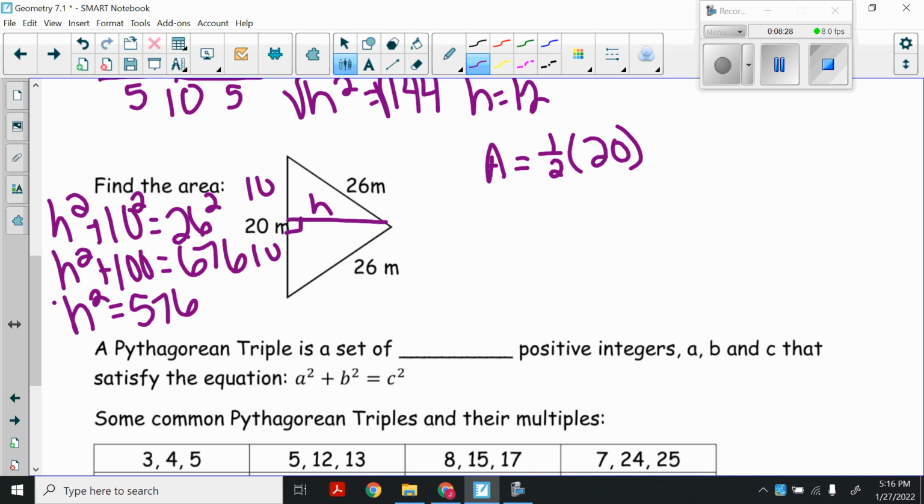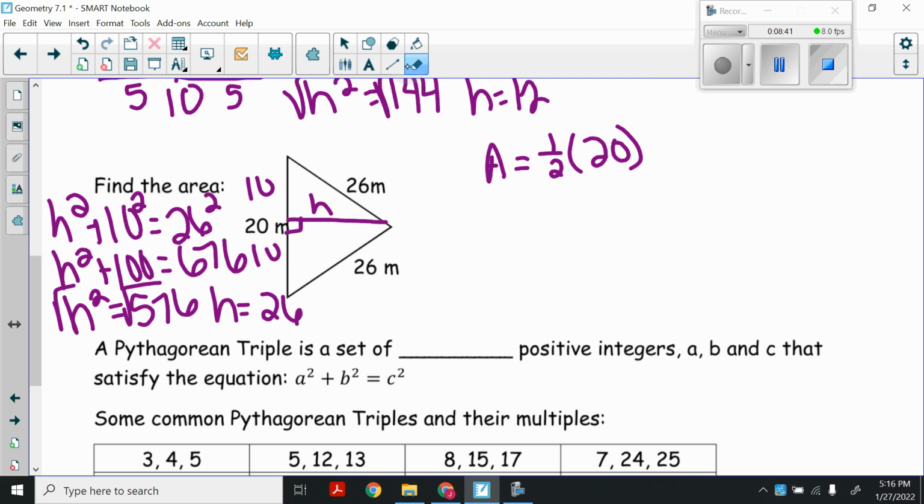When we take the square root of both sides, this is a perfect square. So the height of this triangle is 26. Oh, sorry. The square root of 576 is 24. So the height of this triangle is 24.